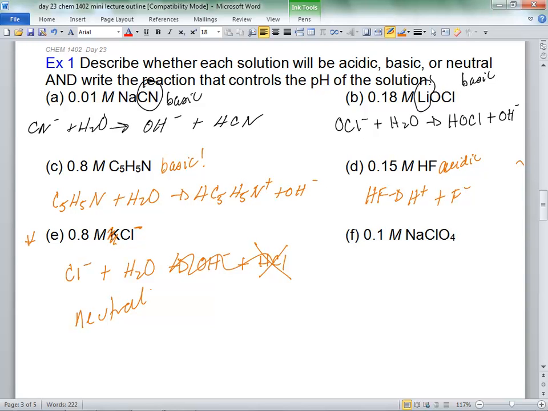They're so weak. They're super weak. So do you recognize F then? It's that perchloric acid is HClO4. So the answer to F would also be neutral. You can't form perchloric acid. Okay, does that make sense?